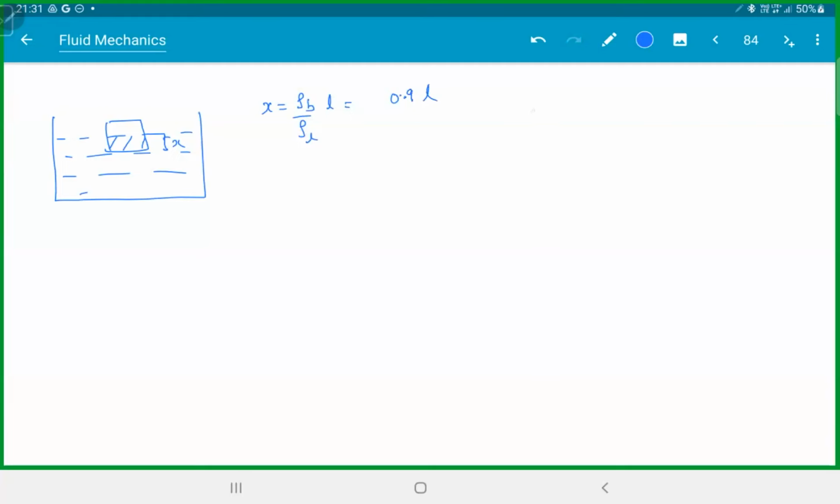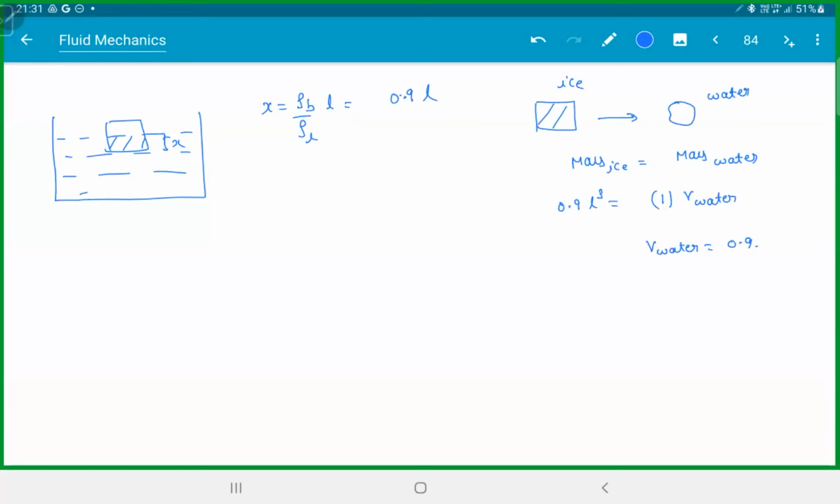Okay. So now when you take this ice cube and make it into water, what remains the same? Mass. Mass of ice will be equal to mass of water. So density 0.9 into volume of ice, L cube, will be density of water 1 into volume of water. Did you observe one thing? Whenever this ice melts, it creates only 0.9 L cube of water, anomalous expansion.